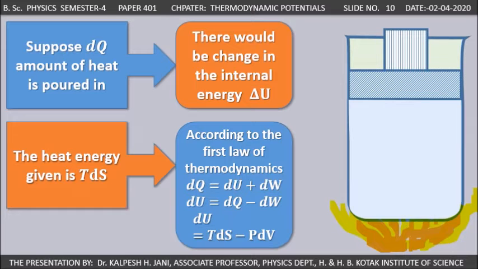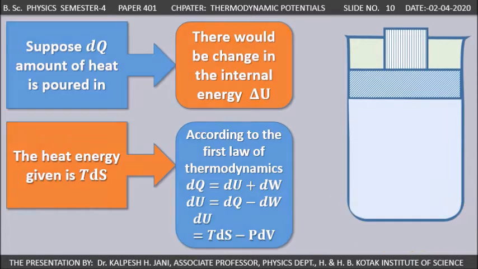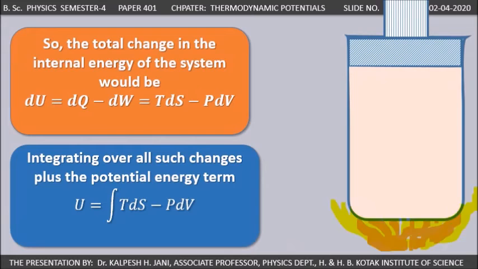So we shall have to integrate these two terms, TdS minus PdV, over the whole duration of this process, and integrate all the change in the entropy and the volume of the given system during the process. So the overall increase of the internal energy of the system can be given as the summation, or sorry, integration of these two terms.